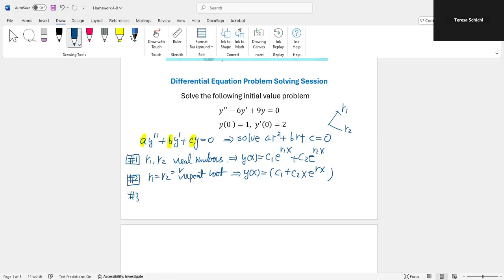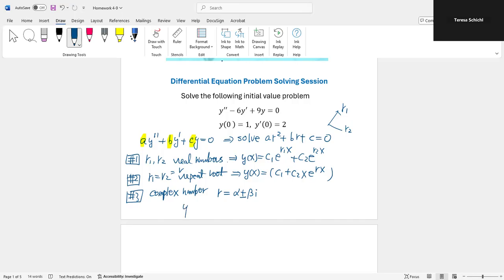Number 3 is here. If it's a complex root, we have imaginary roots, so we have a complex number. We know r can be written in complex form, so r could be alpha plus or minus beta i.